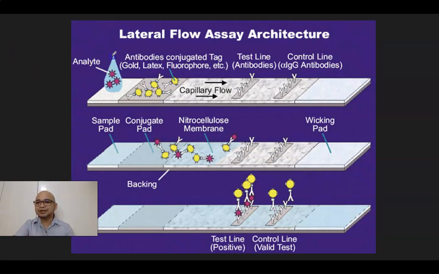So the samples are supposed to be present in the analyte. Of course, when you say analyte, it means that you have the swab and then you place it in the buffer solution. So this is actually the principle of the lateral flow assay. So this is an example of the rapid antigen testing.